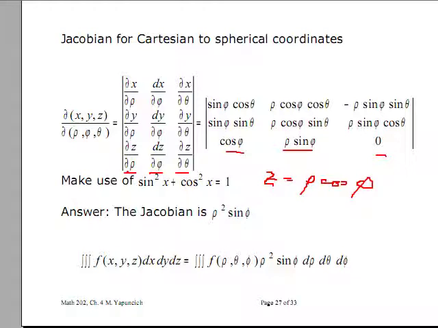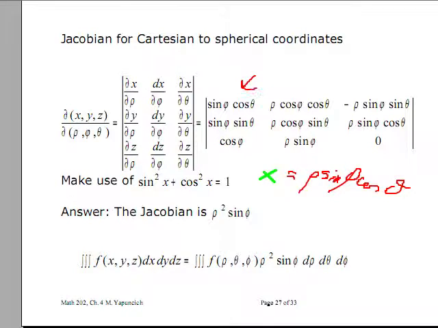I think I have a sign error here. There we go. Okay, and as far as the other two lines, let me erase that screen and write what's going on there. You're taking partial derivatives of x equals rho sine phi cosine theta. So this is the partial with respect to rho, here's a partial with respect to phi, and here's a partial with respect to theta.